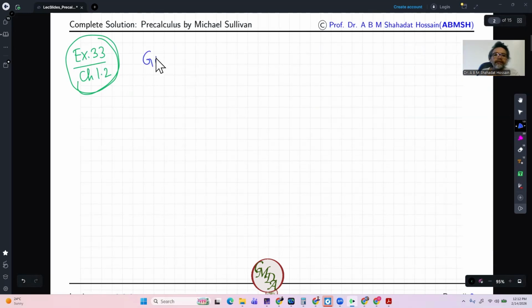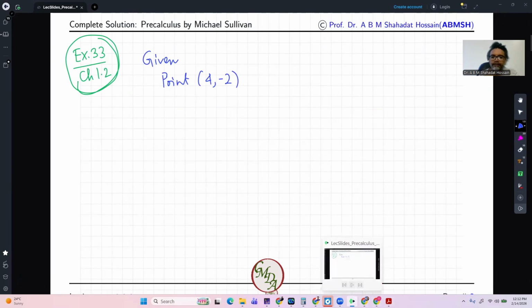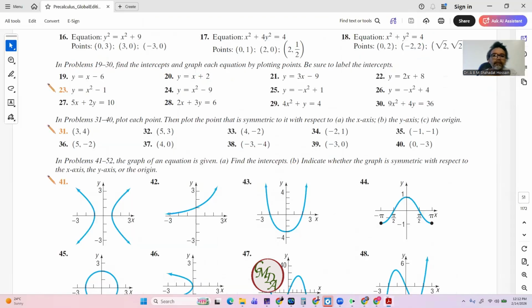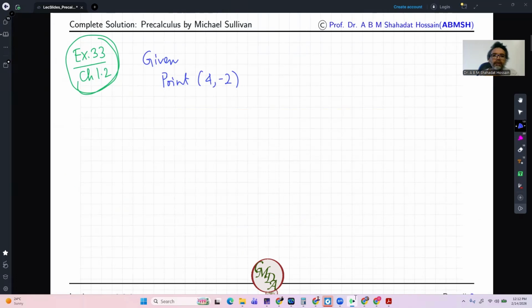The given point is 4, minus 2, and you need to plot the point symmetric with respect to the x-axis and y-axis. Okay, let's go for it.